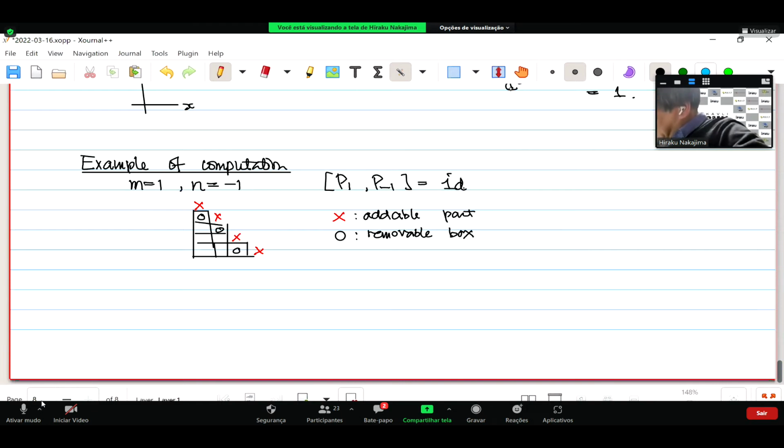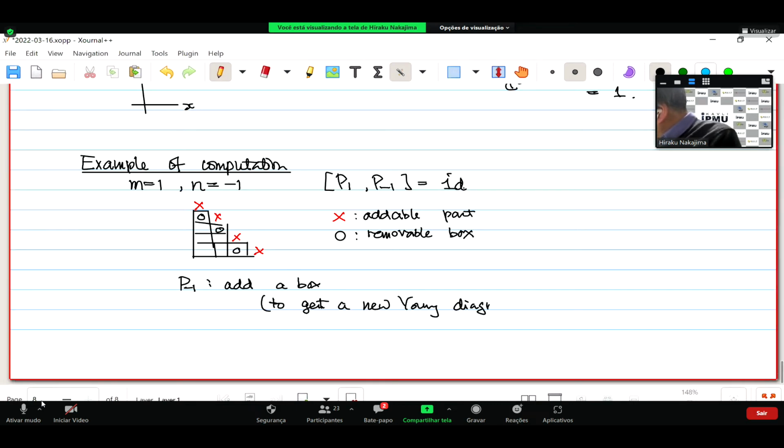Then P of -1. So I take this point class. This adds a box to get a new Young diagram. And P of 1 is an annihilation operator, so this removes a box.